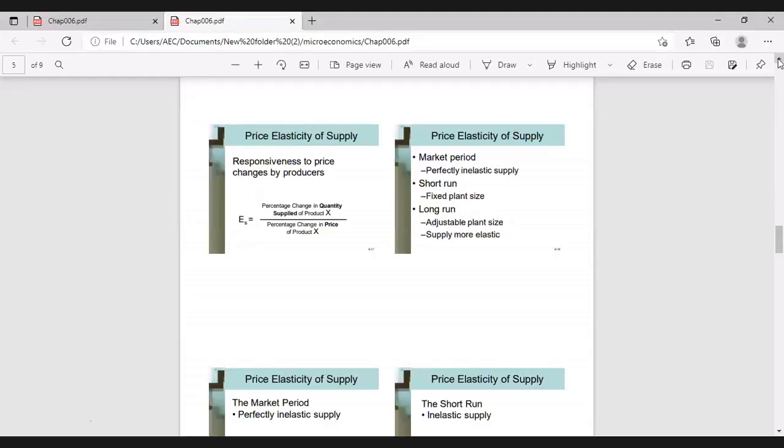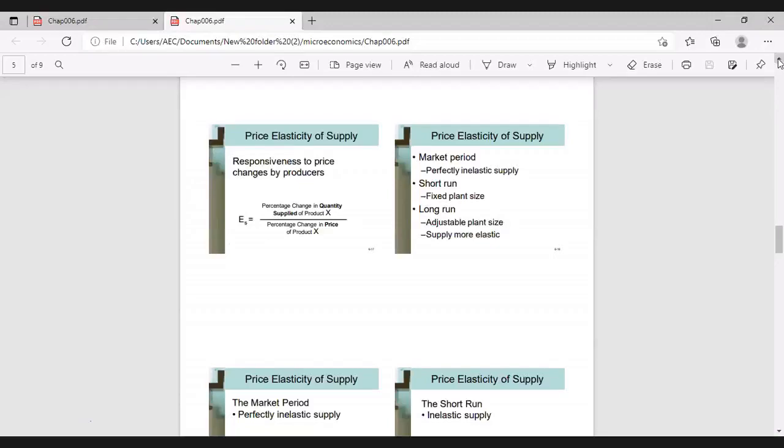He will produce several products. A farmer may produce different crops. So the elasticity of supply depends on how easily the producer can shift resources between the alternative uses.